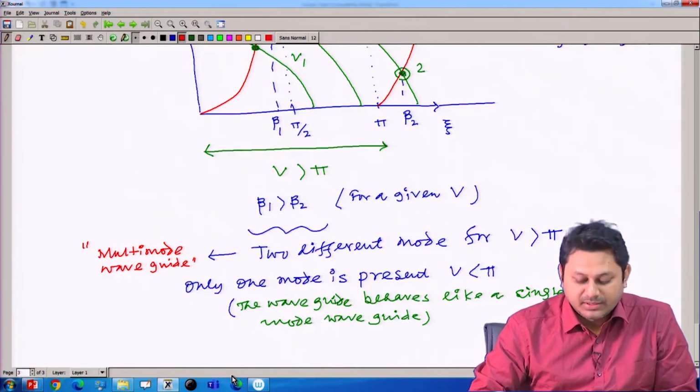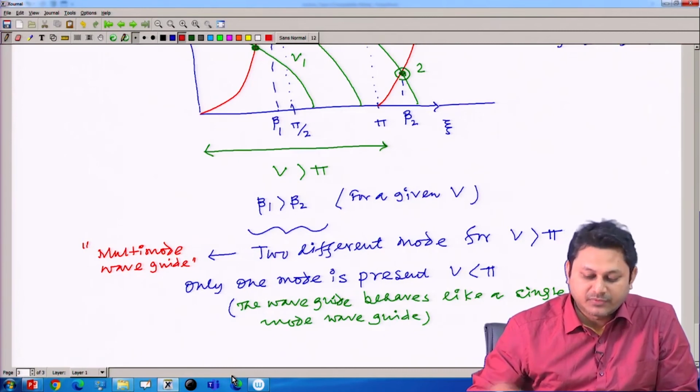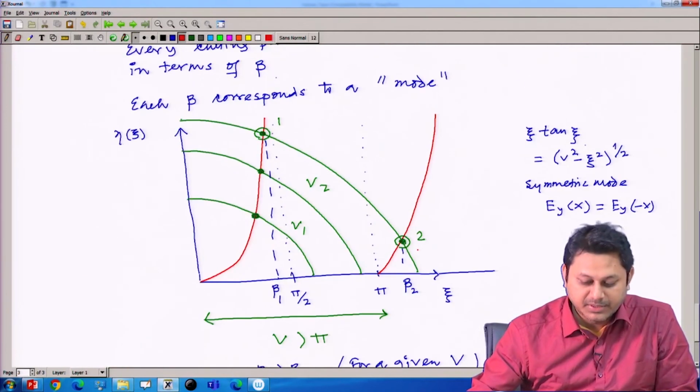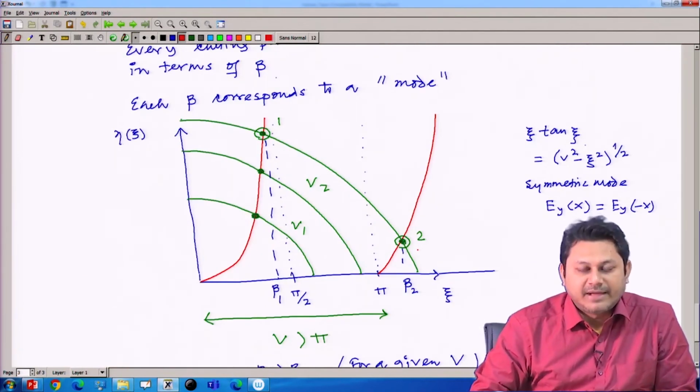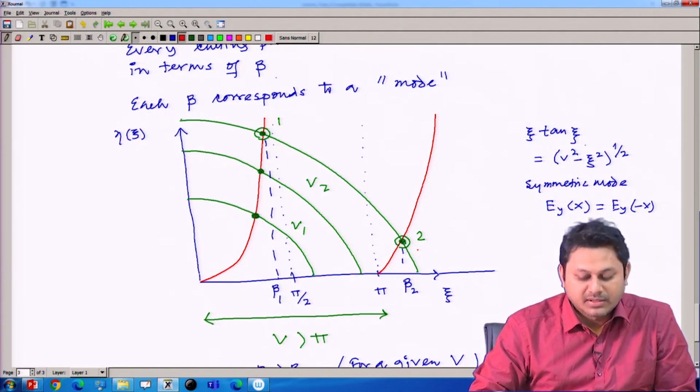So far we are dealing with symmetric modes, and for symmetric modes, from this curve shown here in the picture, if I increase the value of V, then at some point we have another solution. So far we had only one cutting point, and after a certain point we start having another solution.